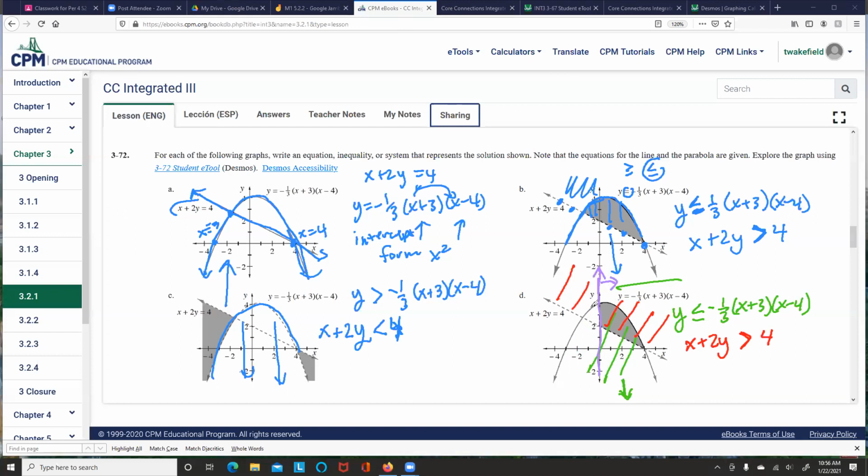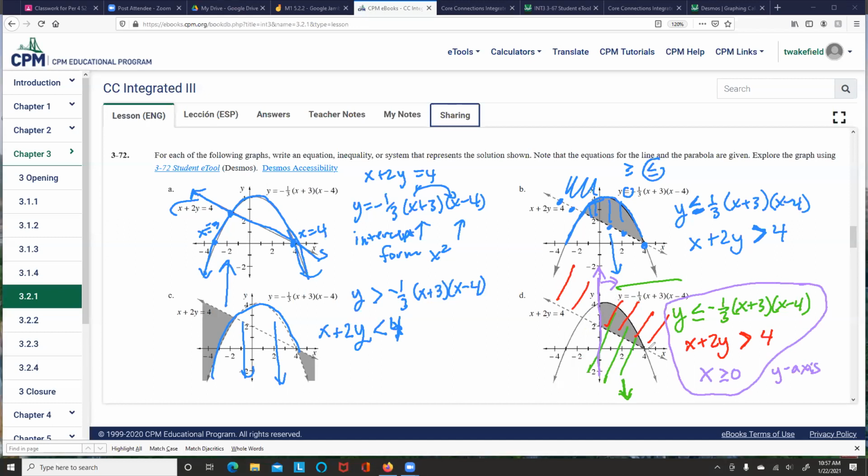So how do I write all the numbers to the right of the y-axis? X is greater than or equal to 0. That is the equation of the y-axis. So these are my 3 inequalities that I have to graph this region right here.